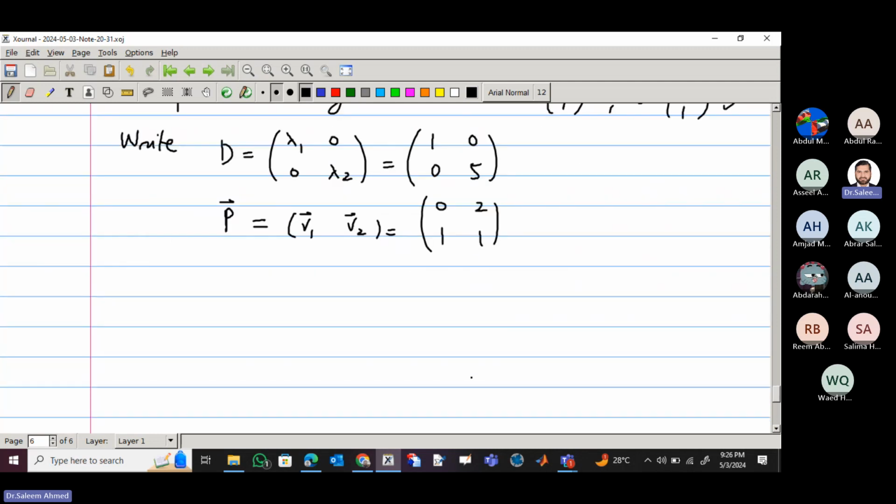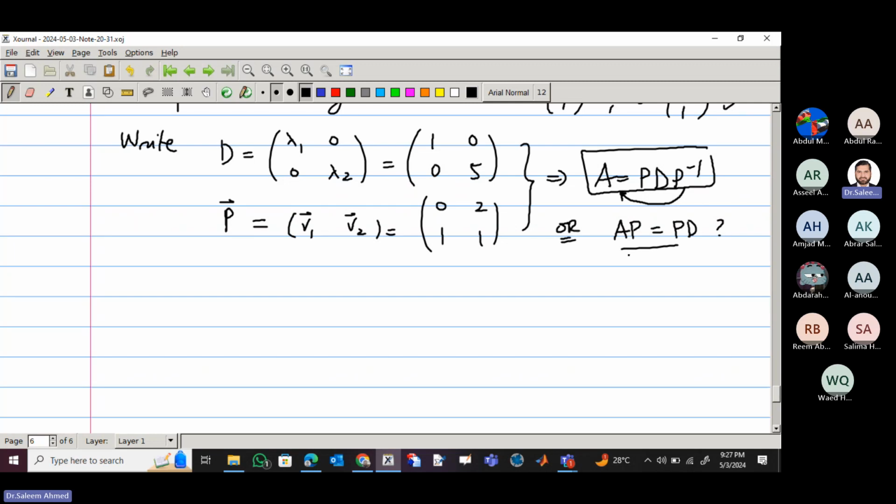Now, if you want to verify, this will definitely give you A is equal to PDP inverse. If I multiply P here, what you will get? You will get AP is equal to PD. You can verify this. It's optional. If you want to verify, you can do that.